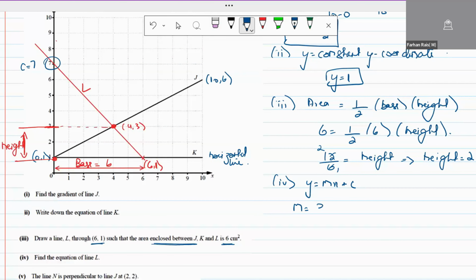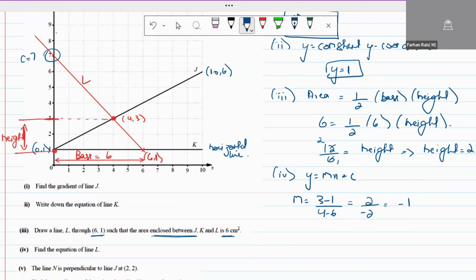It would be 3 minus 1 upon 4 minus 6. 3 minus 1, that's a 2. 4 minus 6, that's a minus 2. We get the gradient as minus 1. Using y is equal to mx plus c, we have y is equal to minus x, and the y-intercept is 7. So y is equal to minus x plus 7 is the equation of the required line L.